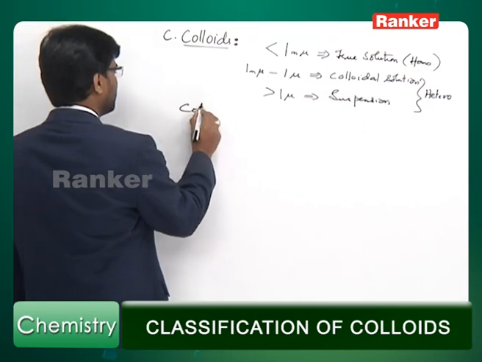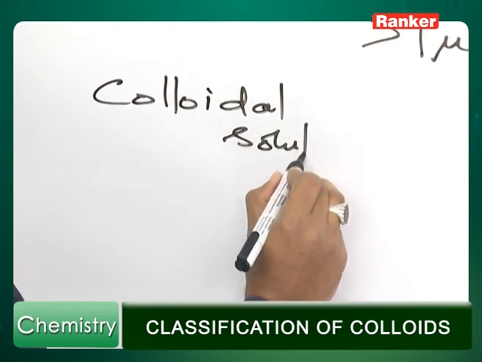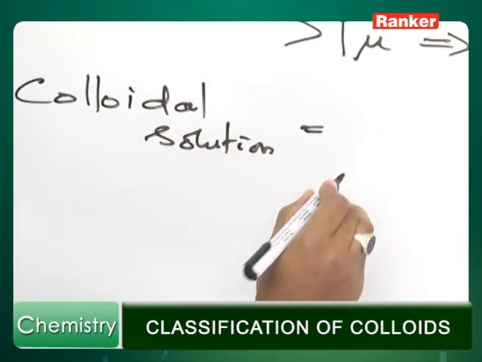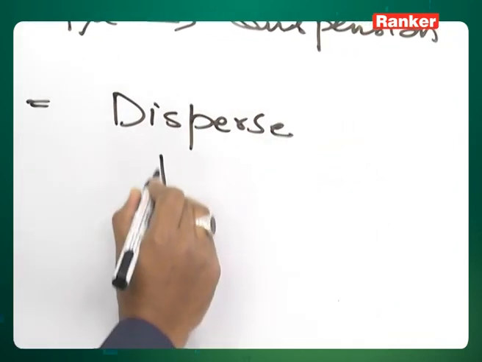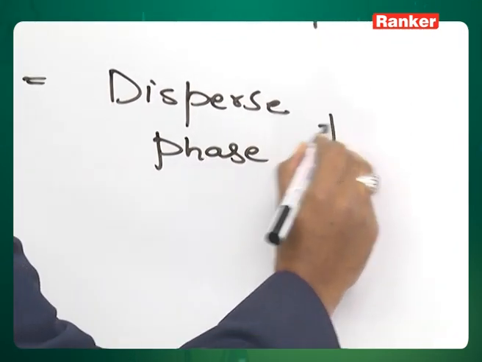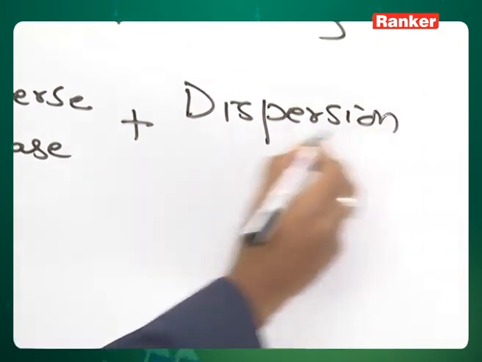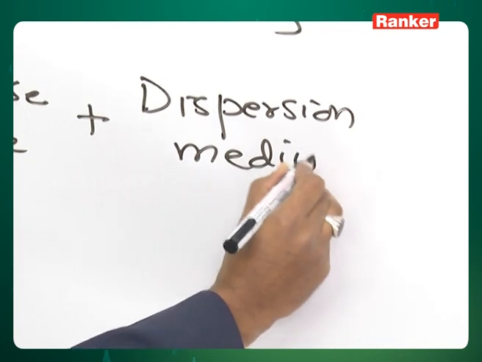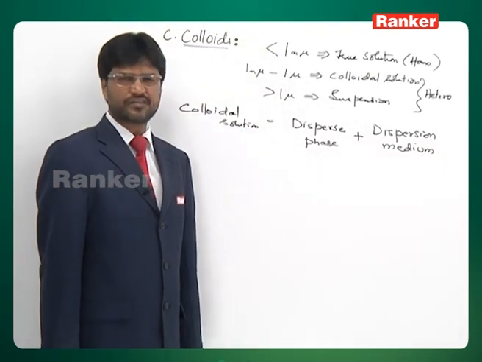Colloidal solution is made up of two components. One is called the disperse phase, and the other one is called the dispersion medium.